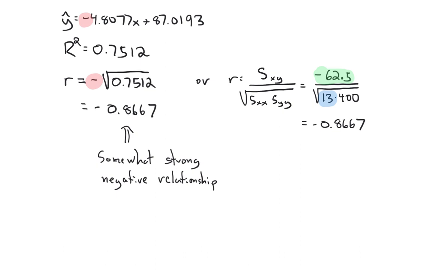Different fields of study have different cutoffs where they say an R is strong or weak or middling. So it's really context dependent what you call strong for R. But for our purposes, we'll call it a somewhat strong negative relationship. This is pretty close in magnitude to 1. It's definitely negative, so it's a negative relationship.